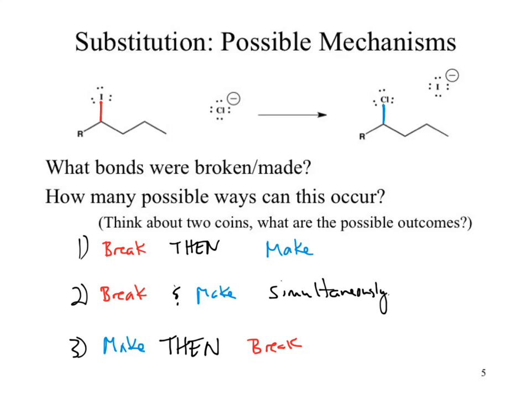So before we take these terms and convert them into a mechanism, we want to evaluate these a little bit closer and say, do I really need to look at all three? No, the third one probably won't happen. Why? It'll exceed the octet. If I make the bond between the carbon and chlorine first, how many bonds would that carbon have around it?